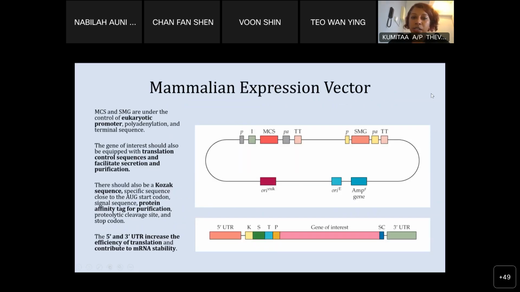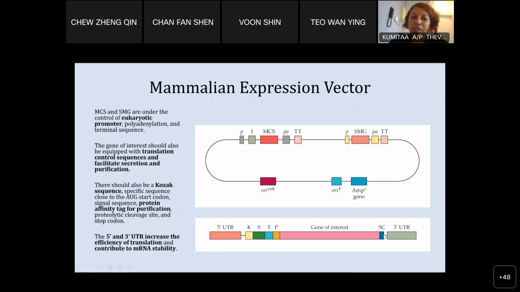So this is what a typical mammalian expression vector looks like. Again, you have your promoter. You also have things like polyadenylation and your terminal sequence. Your gene of interest should also have a translational control sequence, and this helps facilitate secretion and purification. There should also be a Kozak sequence, usually pretty close to the start codon.